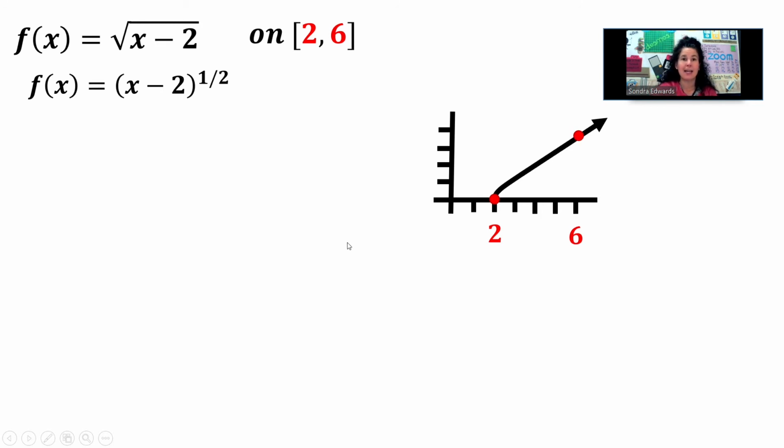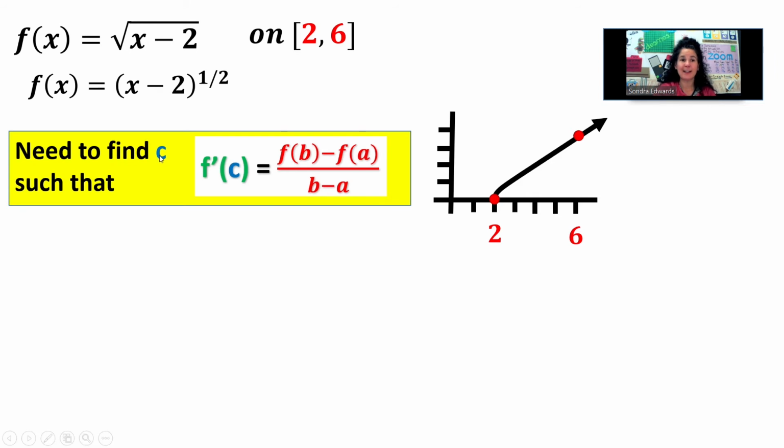Okay, next, we're trying to find that c value. So ultimately, we need to find the derivative and set it equal to the slope between the endpoints. Looking at our function f of x, to find the derivative, we're going to need the power rule and the chain rule. So 1/2 moves to the front. So we have 1/2 (x minus 2), subtract 1 off the exponent. So 1/2 minus 1 is negative 1/2.